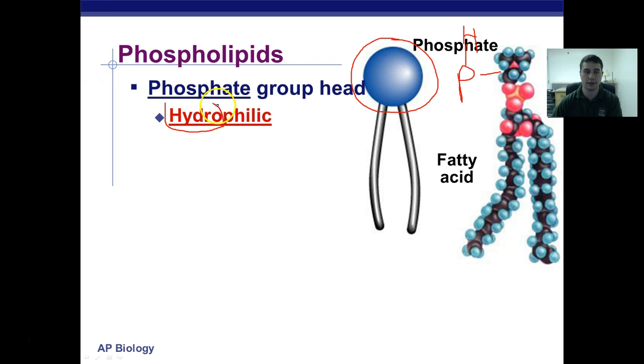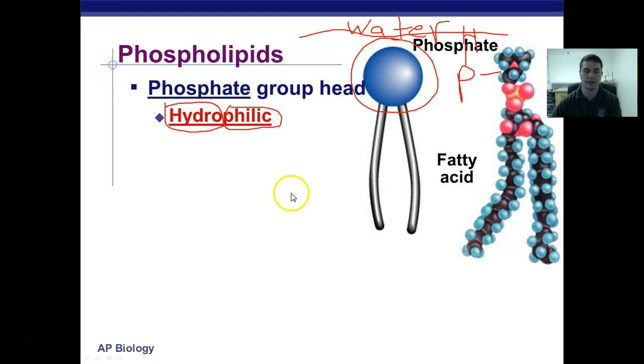Hydro meaning water, philic meaning good or happy with. This means that the phosphate head is interacting with the outside world or the inside world. So it's interacting with water. Water is up here, right there.